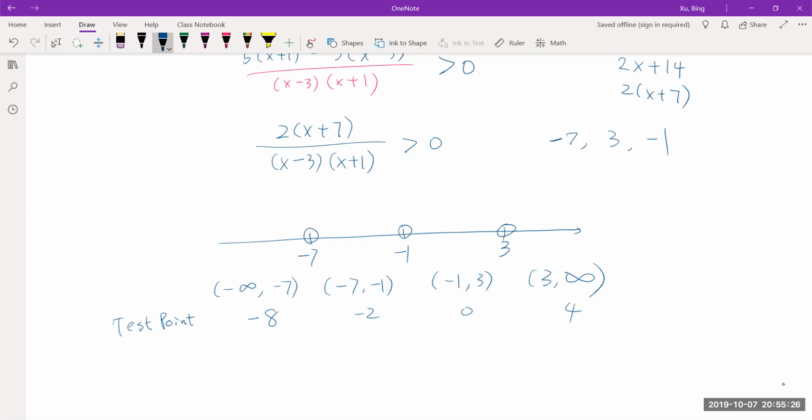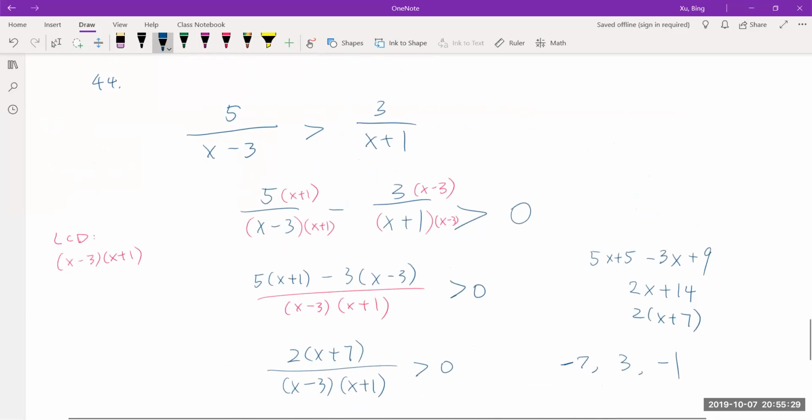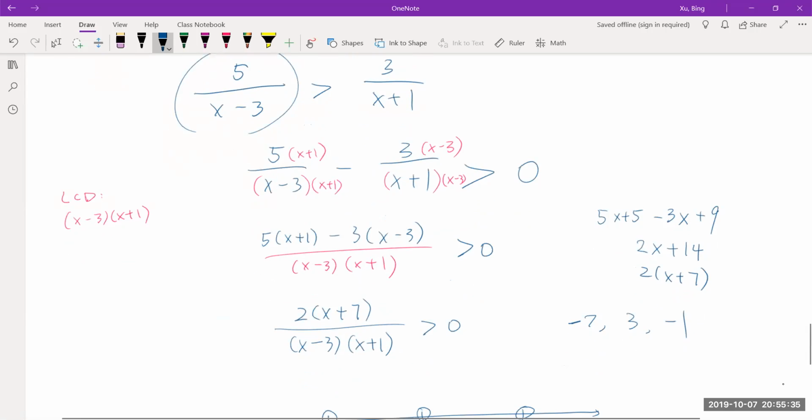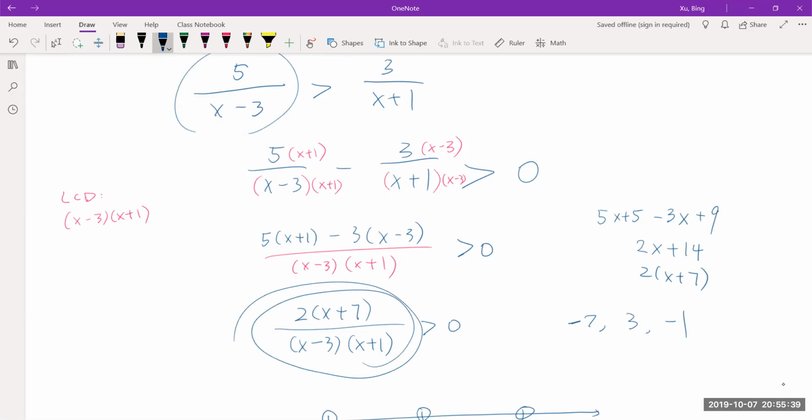Do I want to test the original like this? No, you want to test if it is greater than 0, this part. The original inequality and this inequality are equivalent. They're the same inequality. You just did some algebraic changes to change the form.